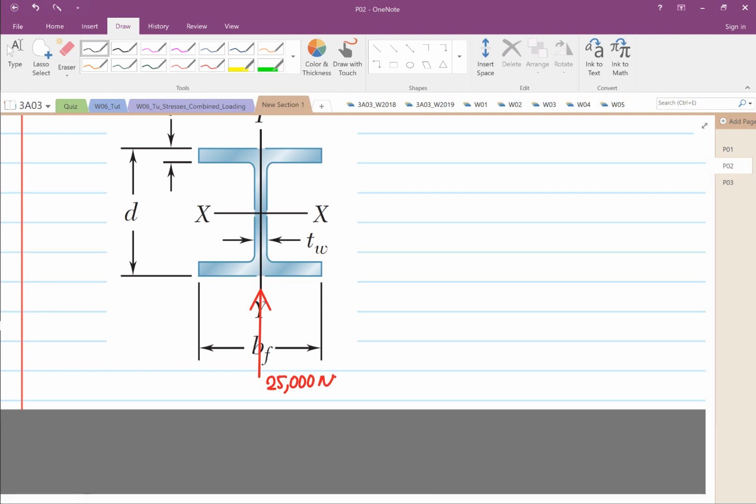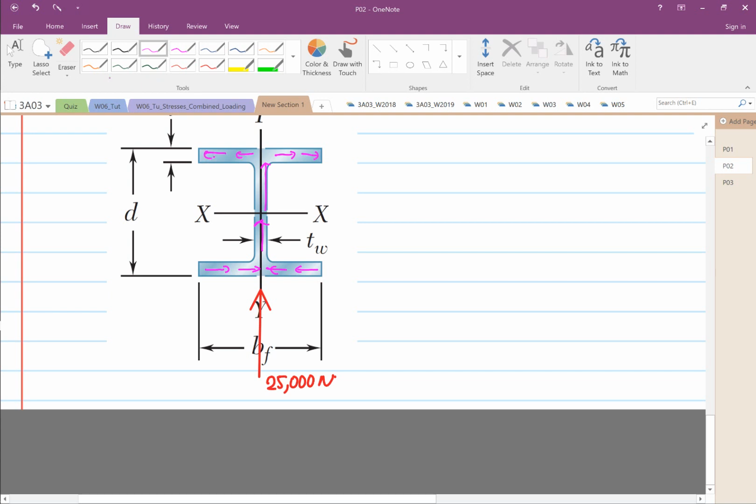So what we see over here is we can sketch our shear flow. It's going to go in this direction, coming into here, get into here, and then it's going to go out.